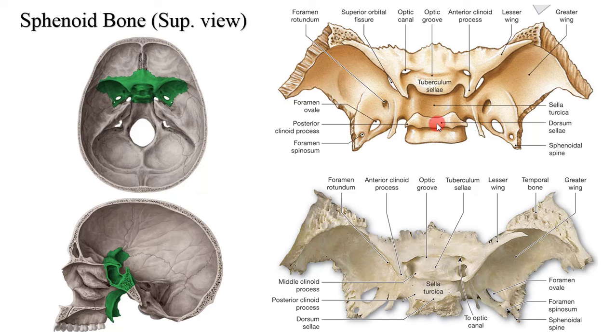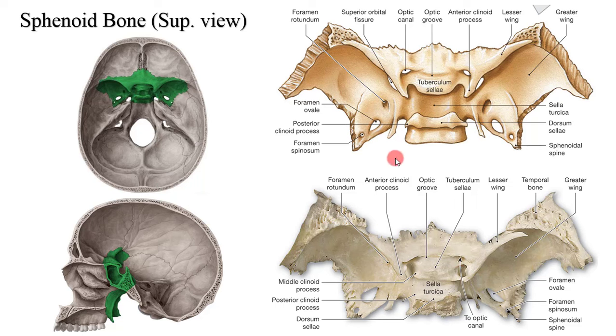Anterior to the sella turcica, a shallow transverse depression called the optic groove crosses the superior surface of the sphenoid bone. An optic canal is located at either end of this groove. The optic nerves that carry visual information from the eyes to the brain travel through these canals.